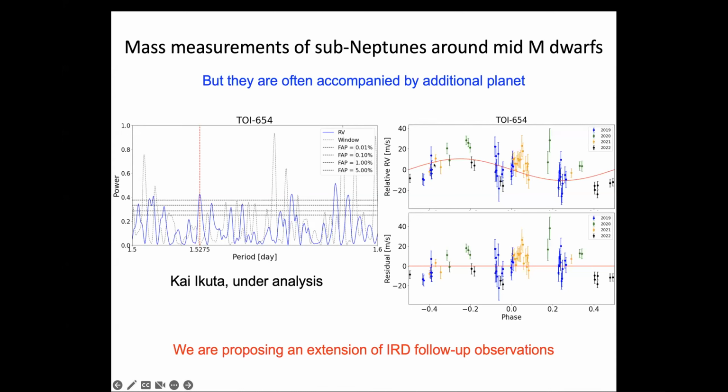But as you can see, the residual for the planet model is very noisy and also systematically away from zero. And we found several possible outer planetary candidates. So we are now still struggling to determine the second planet's period.